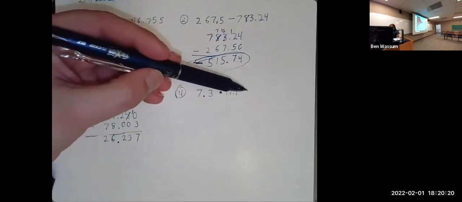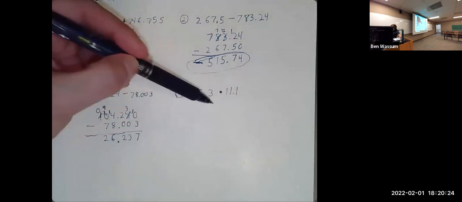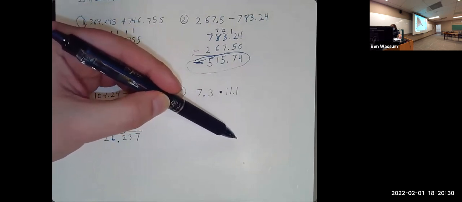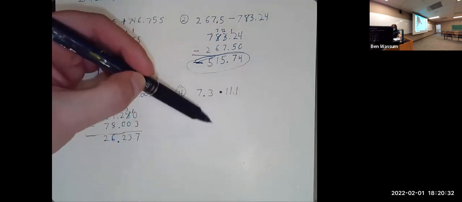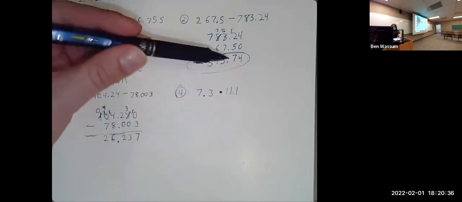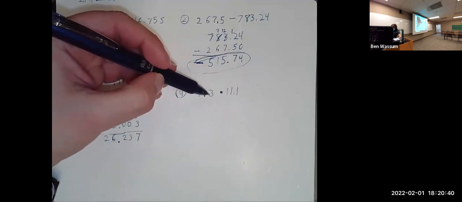Well, remember, whatever number is on the bottom, we end up multiplying through to the top, and then we move down a row, put a 0, and then start multiplying again. And then we move down a row and go to the next digit. So the fact is, I have 3 digits here and I have 2 digits here.